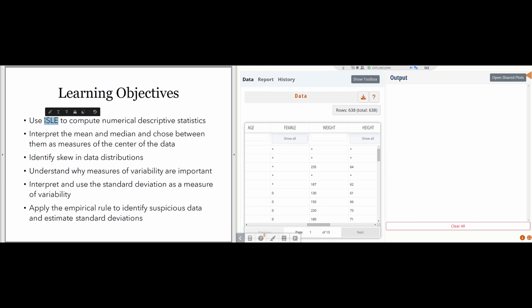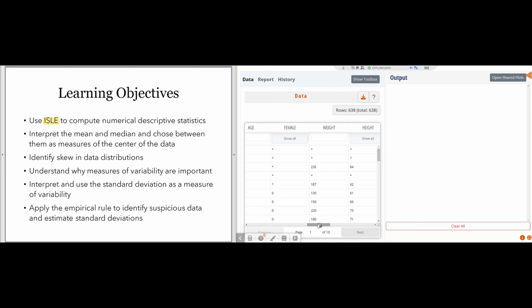Well, one thing we're hoping to get is just some practice using the ISLE tool that we're doing statistical analysis with. Of course, you can use things other than ISLE, but I really encourage you to get used to using ISLE because it's very easy. It's very thorough and complete and nice as far as what we need in this course.